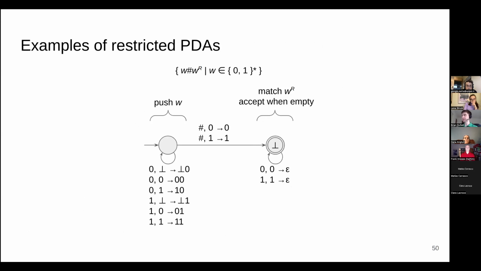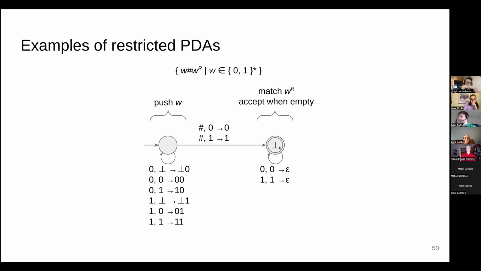All right, so here are some quick examples of how you would write PDAs like this. This is for the language we call marked reversal, which is W marker symbol W reverse, where W is a binary string. With a restricted PDA, you could push W to the stack, then you see the marker symbol, and then you just pop everything in reverse when you're in the second half.